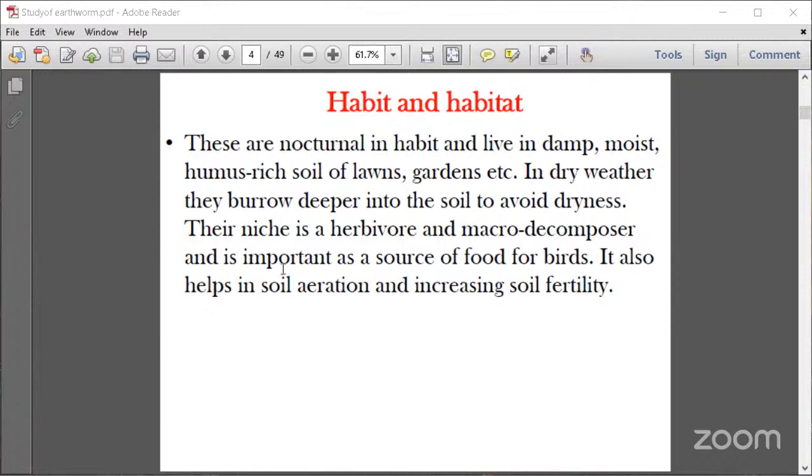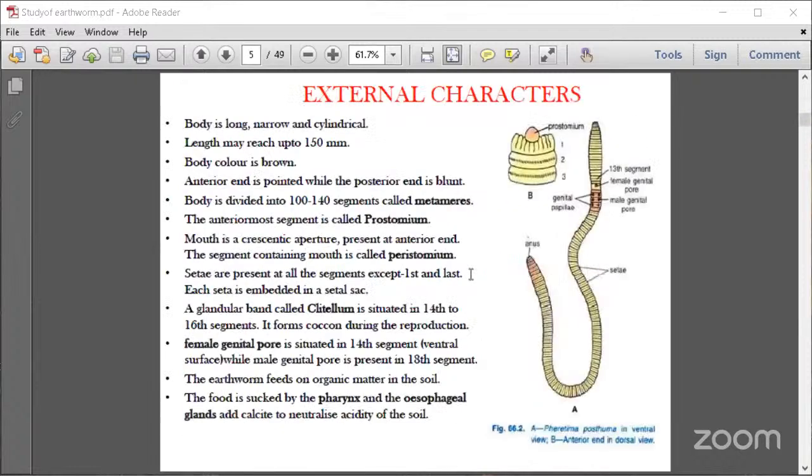Coming to the external characters of the earthworm, the body structure: earthworms have a segmented cylindrical body, reddish brown in color. The body is divided into segments, each with its own set of organs.